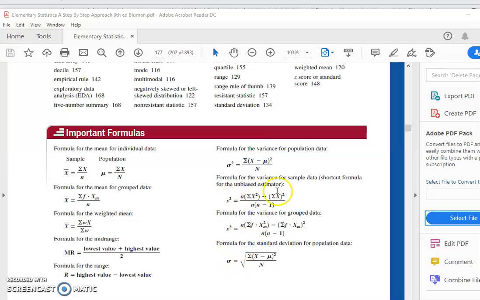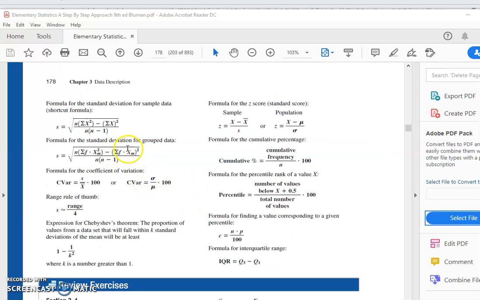That's the formula for the standard deviation for the sample, and then to get the variance, this is S squared, and then obviously for the standard deviation, you just take the square root. Here it is, the square root of that formula.